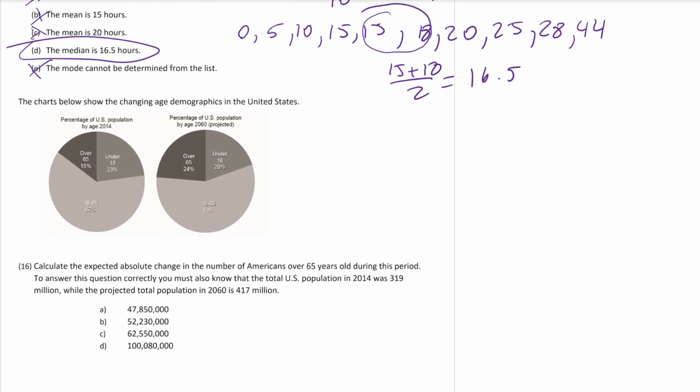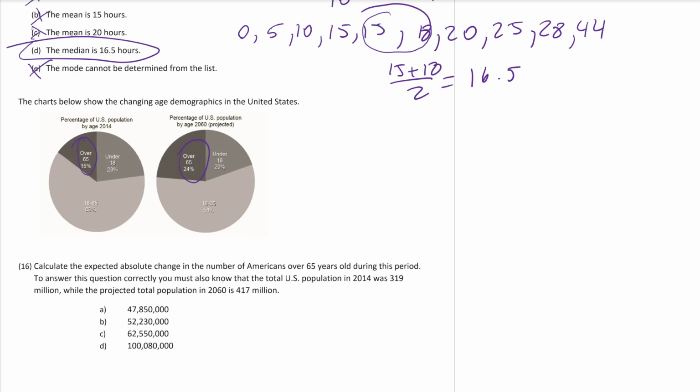The chart below shows the changing age demographics in the US. You saw this in the lesson, that particular chart. It's asking us to calculate the expected absolute change in the number of Americans over 65 years of age during this period. To answer this question correctly, you must also know that the US had a population of 319 million in 2014 and 417 million in 2060.